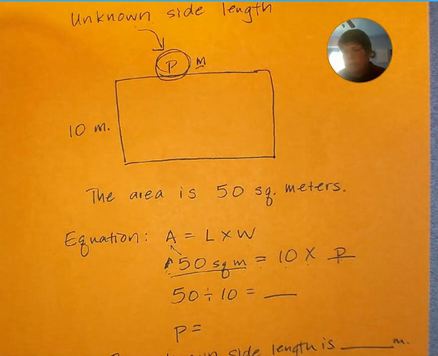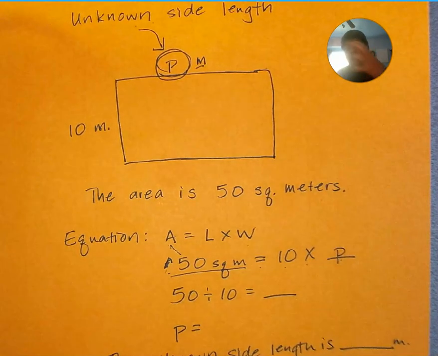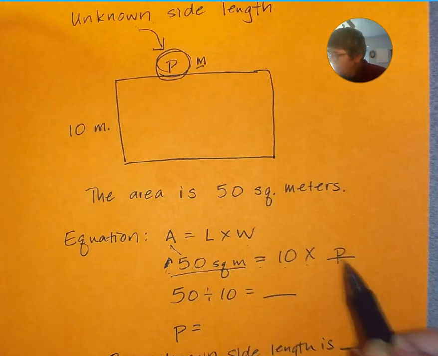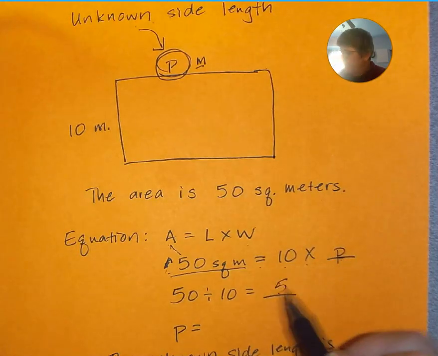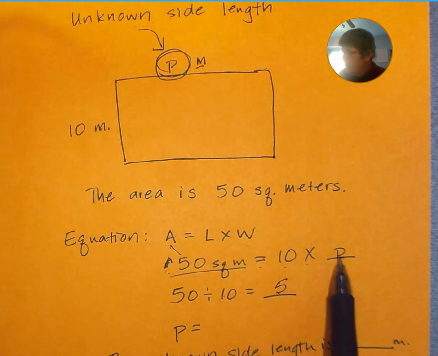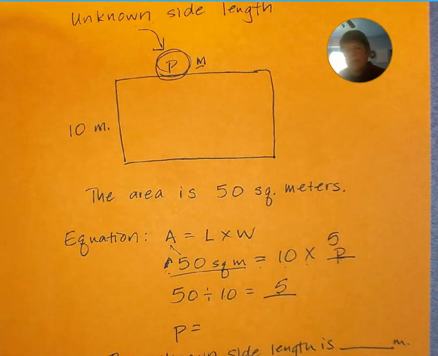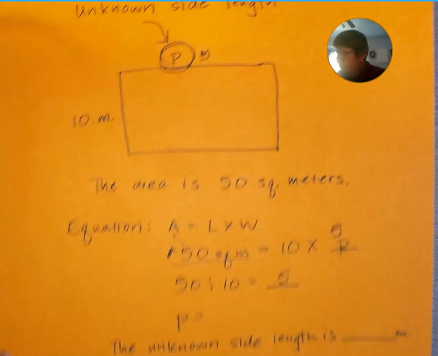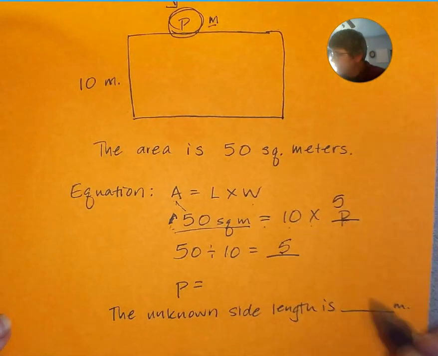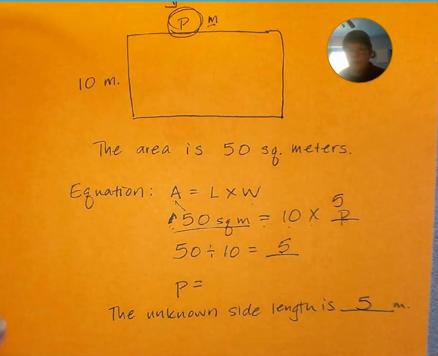Well, what is 50 divided by 10? If I have an area of 50 and I know one side is 10, then this P is going to be 5, because 5 times 10 is 50. 50 divided by 10 is 5. So my unknown side length is 5 meters.